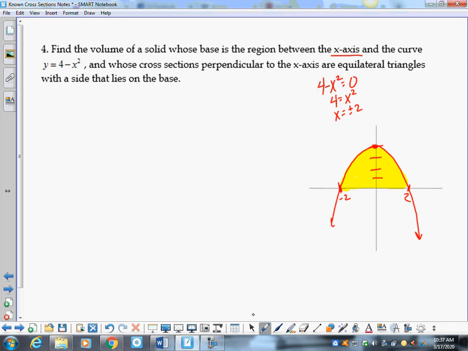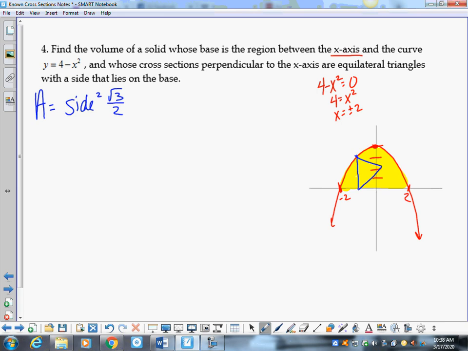Okay? All right, so this is my base figure. We're doing cross sections perpendicular to the x-axis, and the shapes are equilateral triangles. So I need the area of an equilateral triangle, which is side squared times root 3 over 4. Now I just have to think about what a side is.